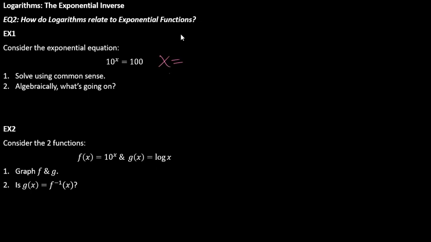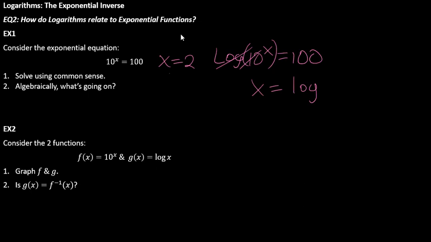Well, obviously, x is going to equal 2. But using algebra, we said log base 10 of both sides. x equals log of 100. Obviously, that's going to be 2 also.